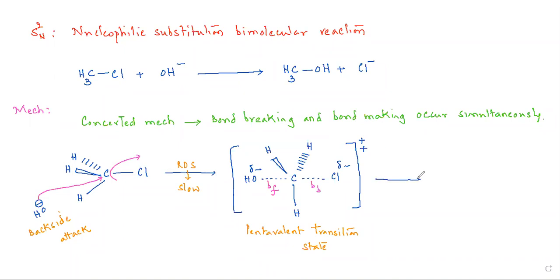Now, this simply dissociates. Chlorine goes out and OH gets connected. Now, look at the way the bonds are arranged.